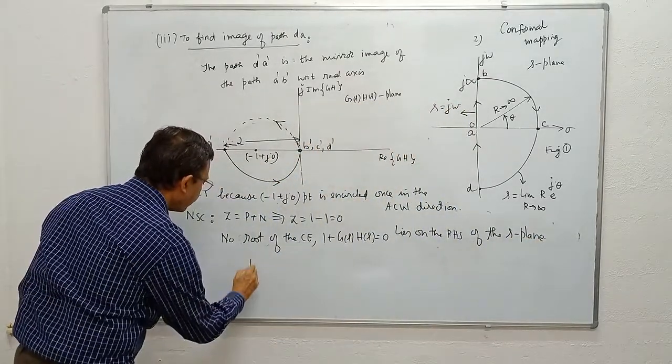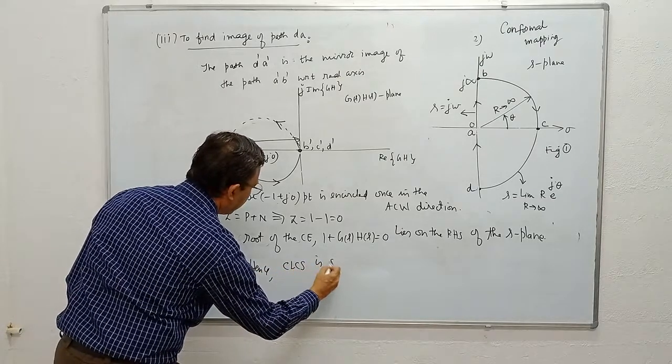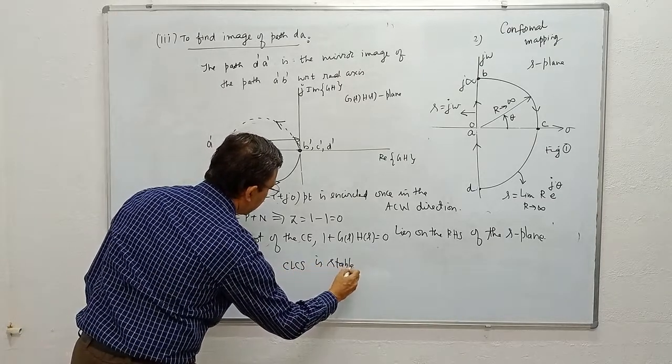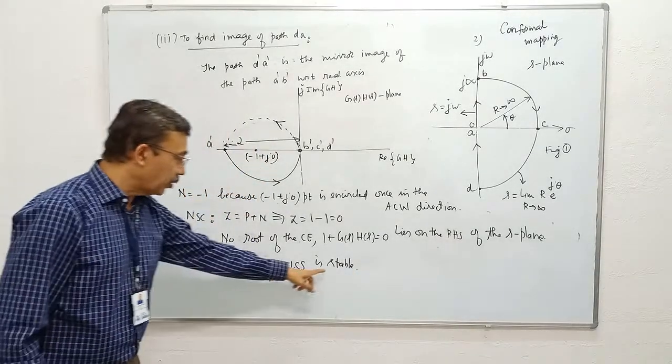Hence, closed loop control system is stable. The open loop control system was unstable, but closed loop system is stable.